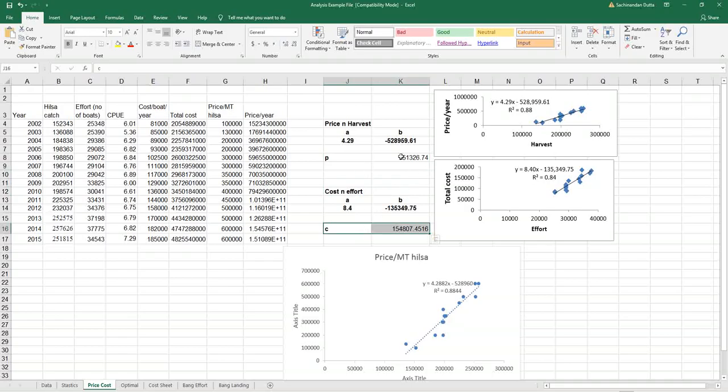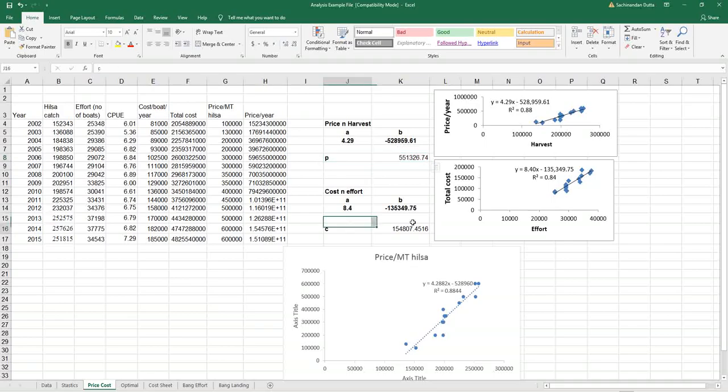So price is equal to your A value, that is basically the intercept value, into the last catch. So the last catch, B17, plus your slope. Okay, so that is the intercept into your last catch plus your slope, so you will get your price.